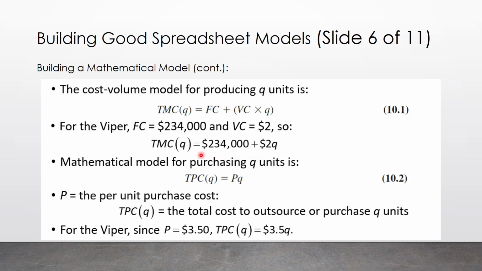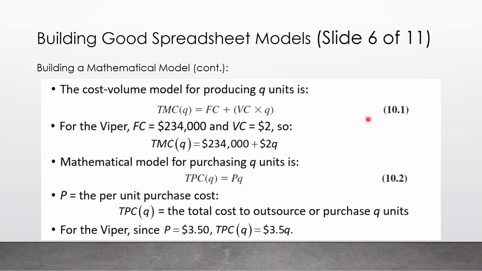Once a quantity required Q is established, equation 10.1, now populated with the data for the Viper, can be used to compute the total manufacturing cost.